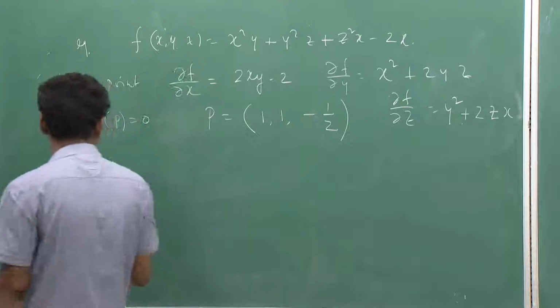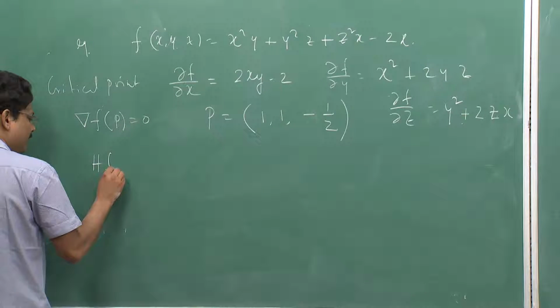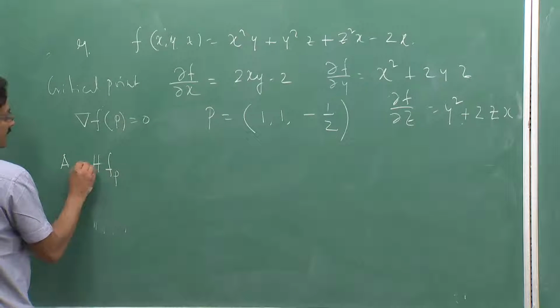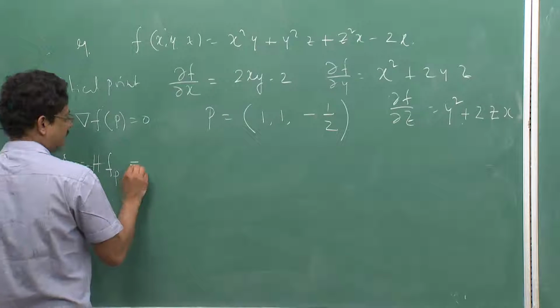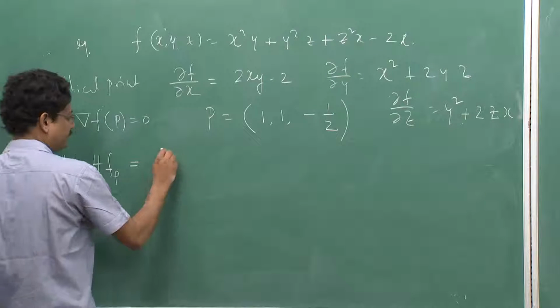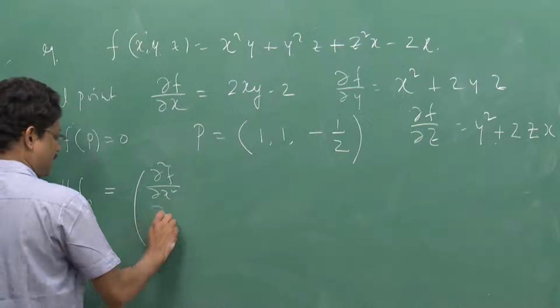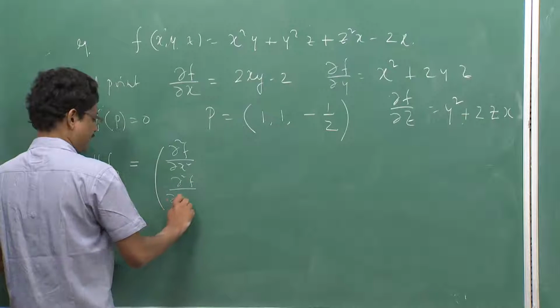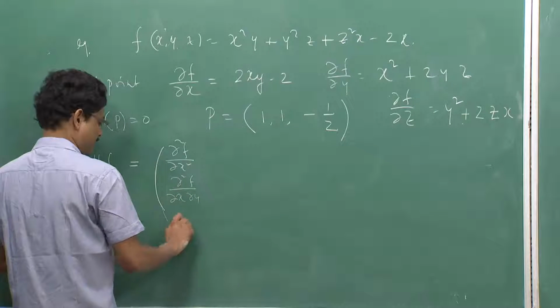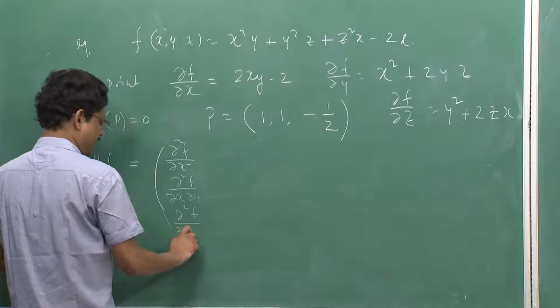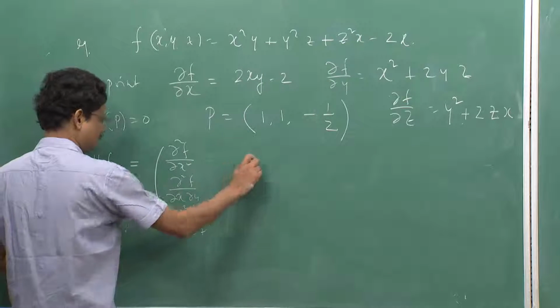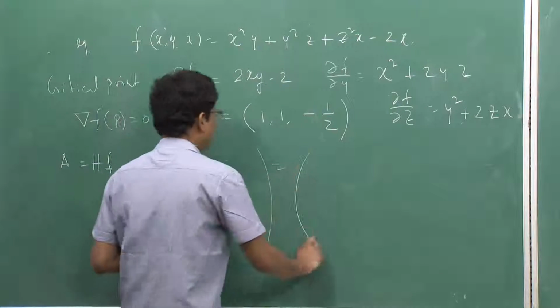So, let us calculate the Hessian Hf at p. It is del square f del x square, del square f del x del y, del square f del x del z, and so on. You calculate how much is that.